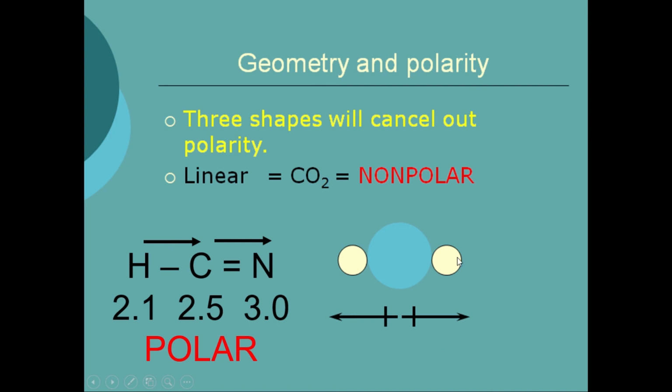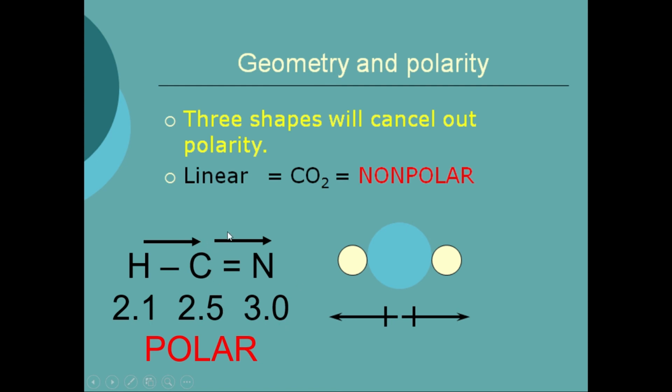So how will this become polar? If they have one direction, we can see that this compound can become polar. So we have our HCN bonded together, hydrogen bonded to carbon, single bond. This one, it's a triple bond. Just take note, this is a triple bond between carbon and nitrogen. As we can see, we've already added the electronegativity values, and H is lower than carbon, so there is a dipole moment towards carbon.